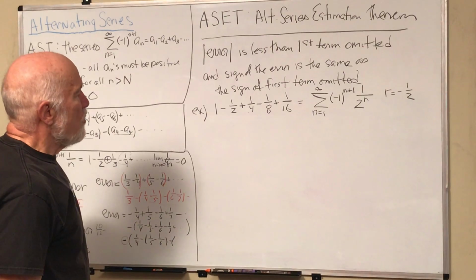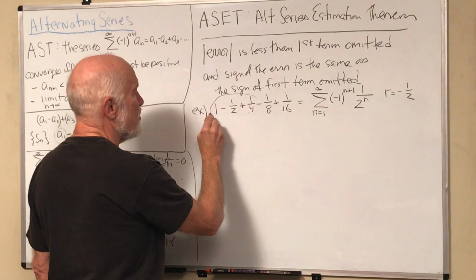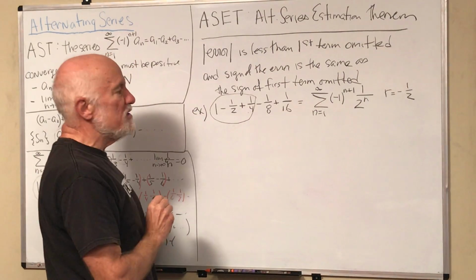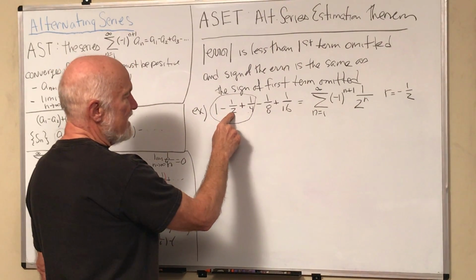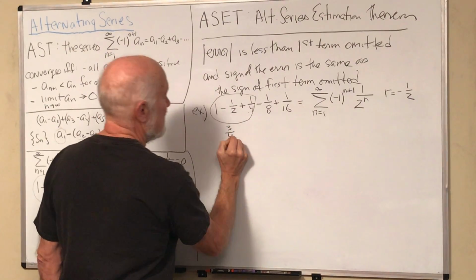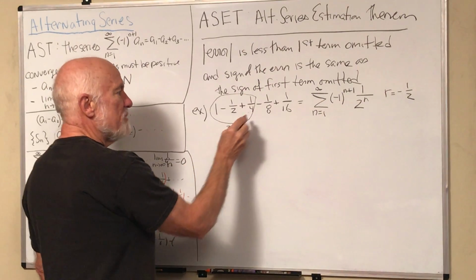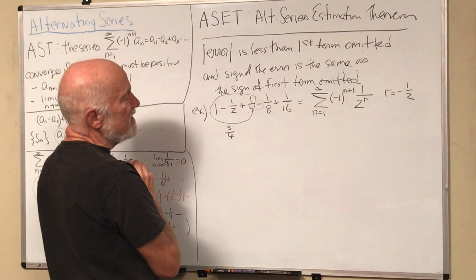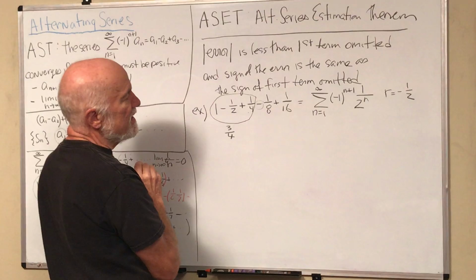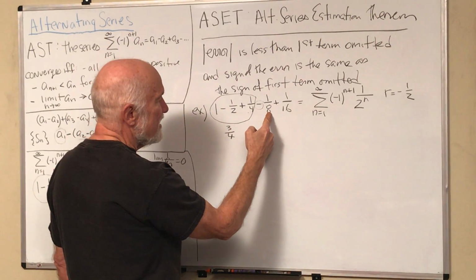So, what if I only took the first 3 terms to estimate what this is going to be? 1 minus a half plus a fourth is 3/4. And I know, because this is a minus, that this is too big. And the error is less than 1/8.